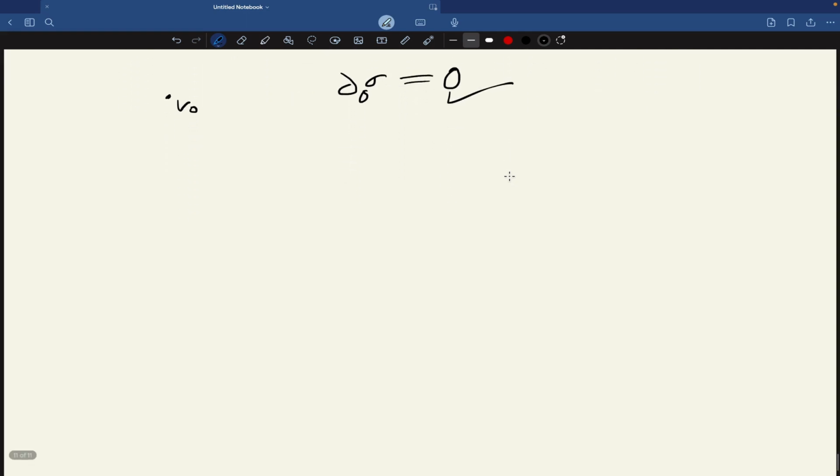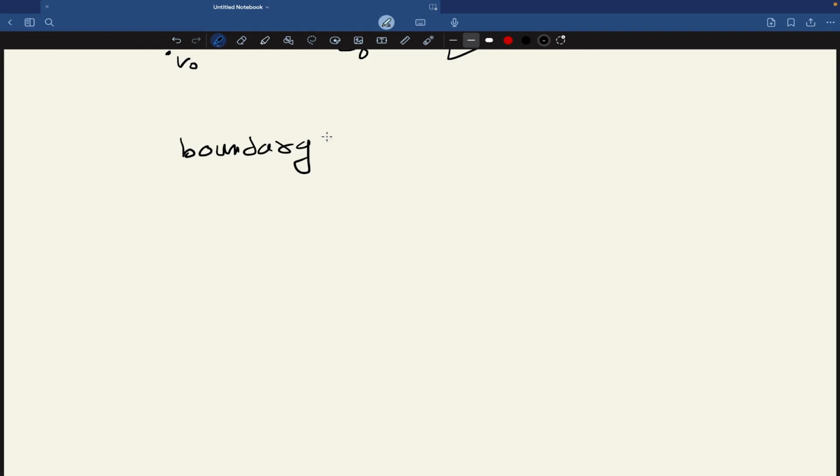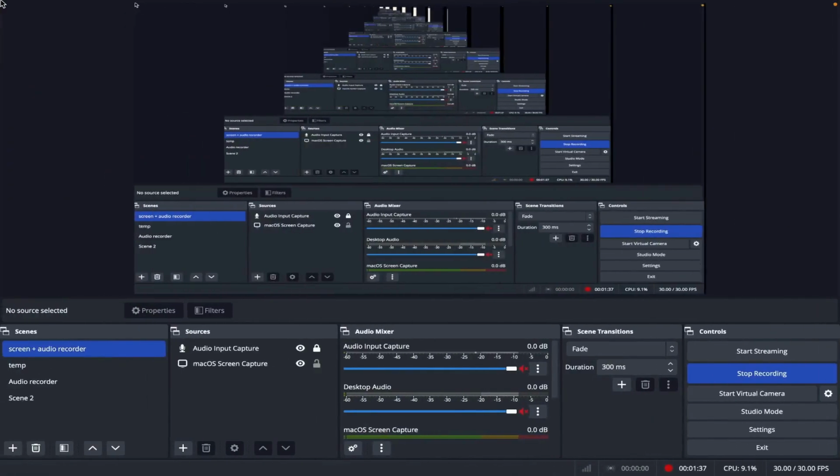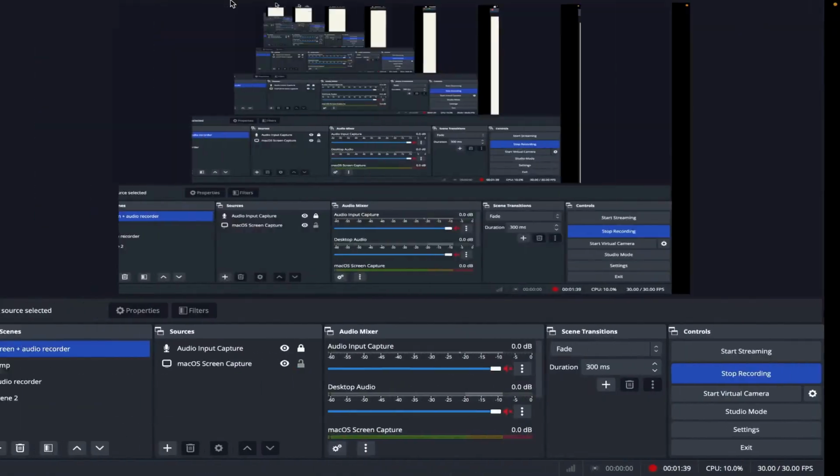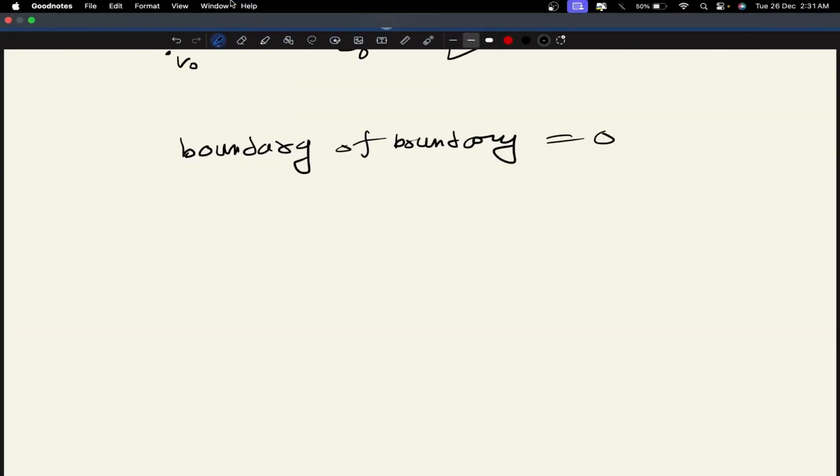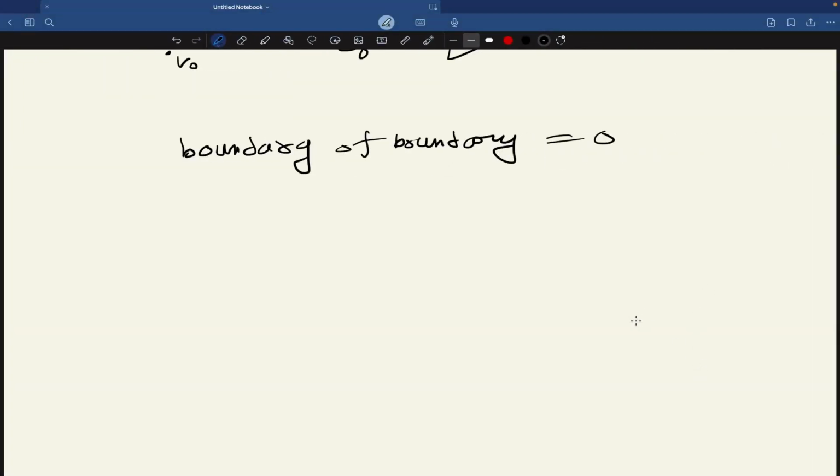One more important result that we have to consider is that boundary of boundary is 0. Now what was boundary?